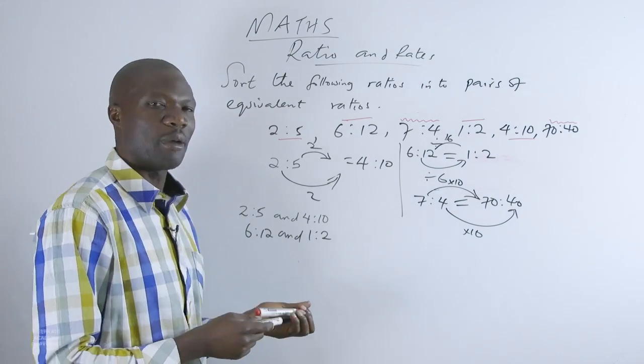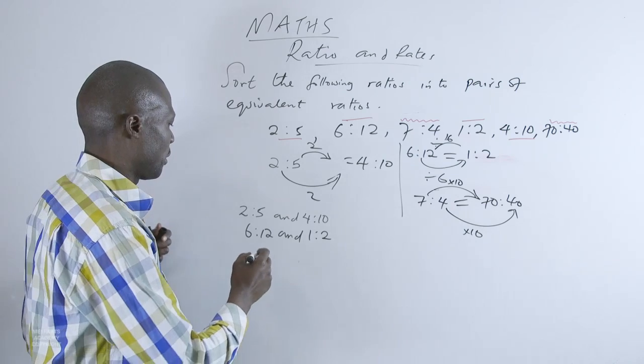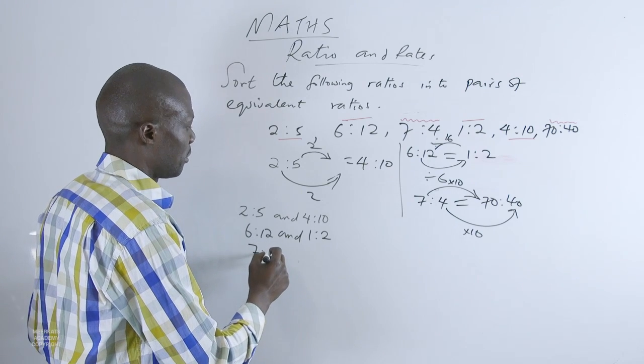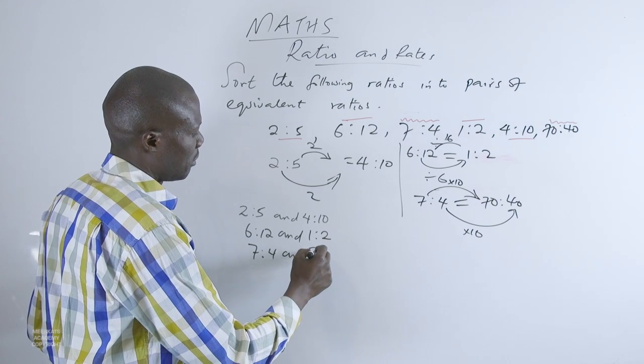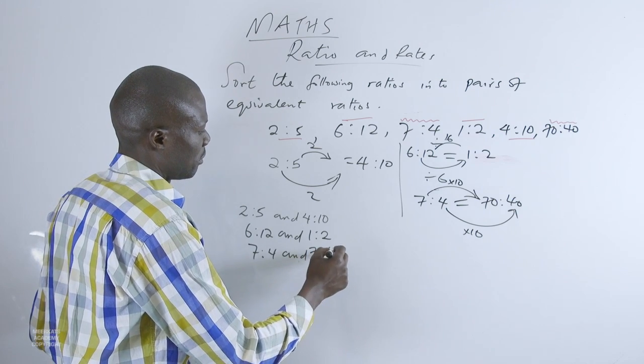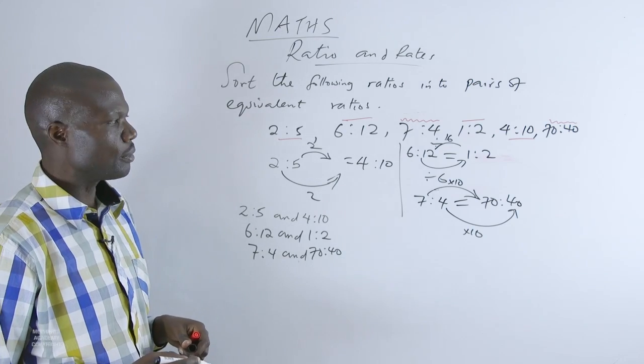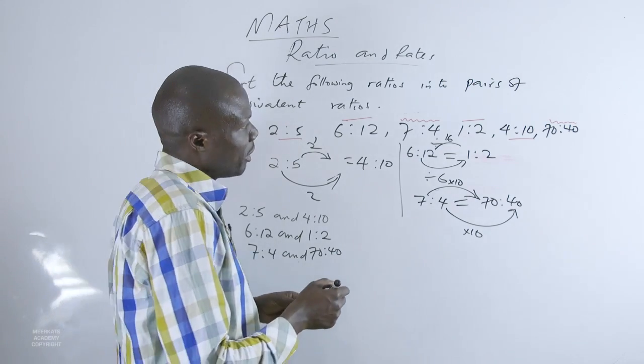So I can write my pair here, the one remaining.